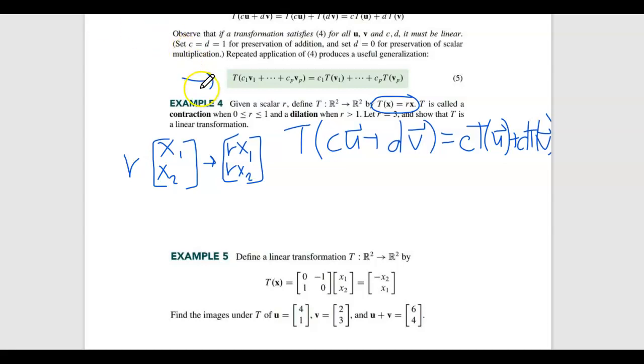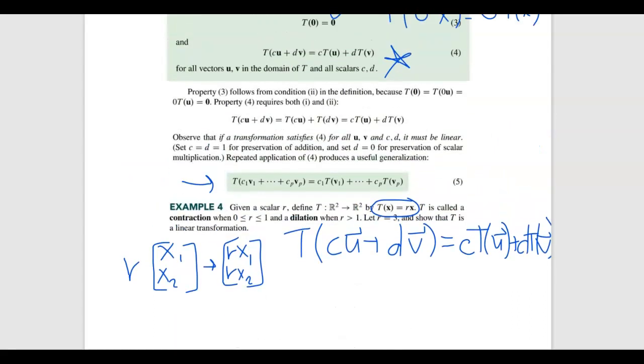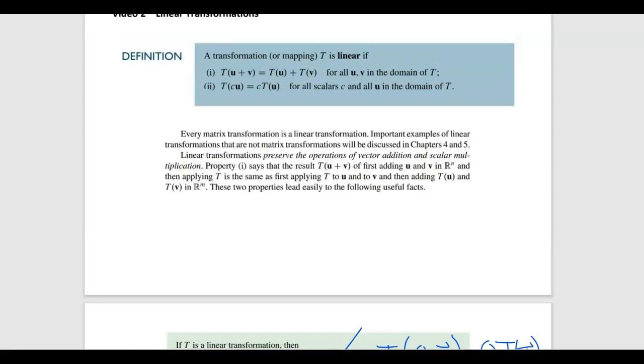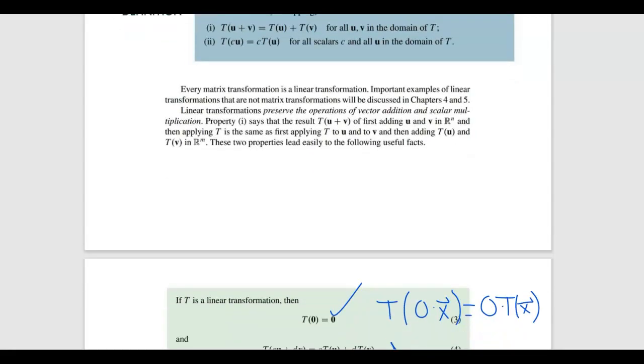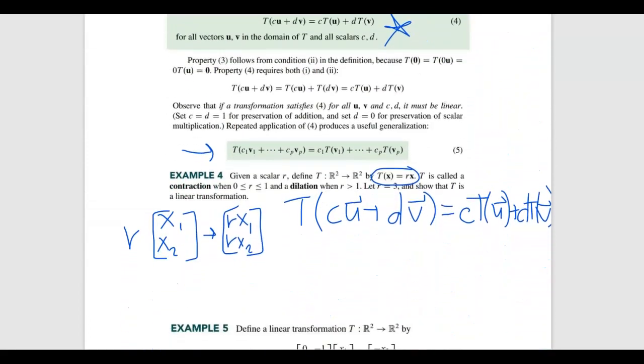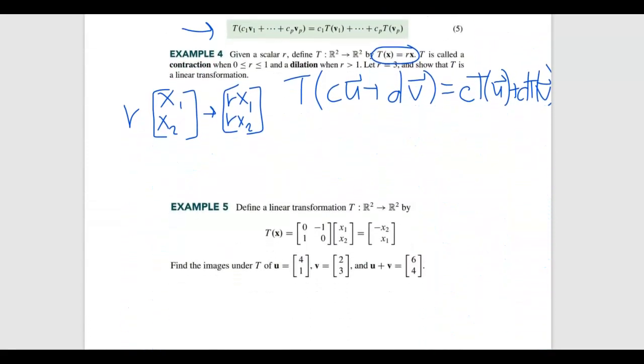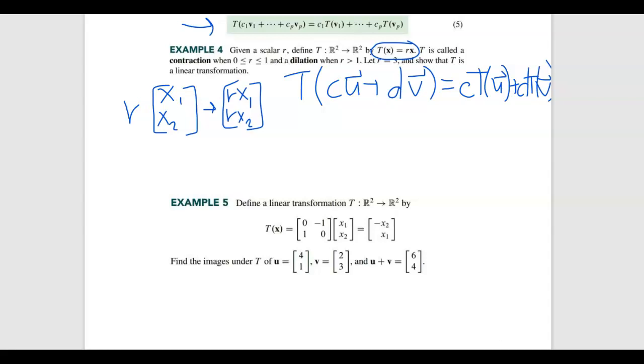What that does is I'm using this step here that I starred instead of doing these two steps in the definition separately. So I'm going to show this is true by doing both the scalar multiplication and the addition all in one, versus having to do that as two different steps.